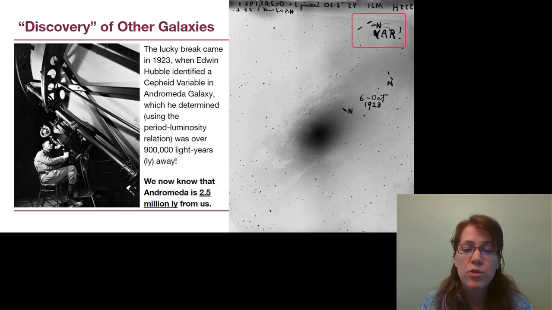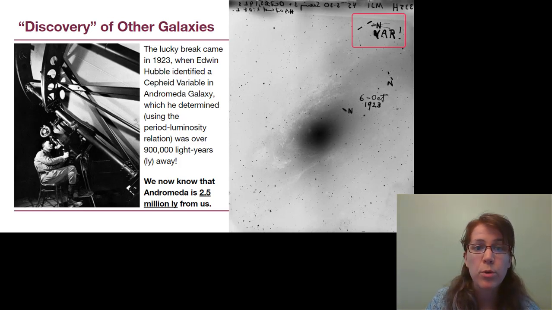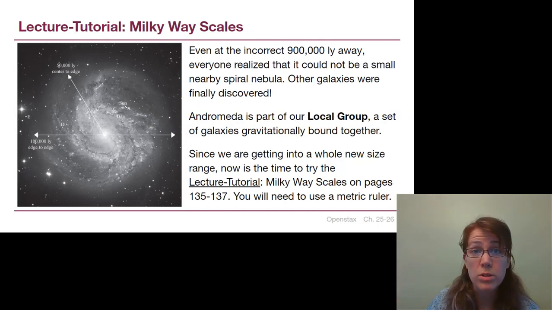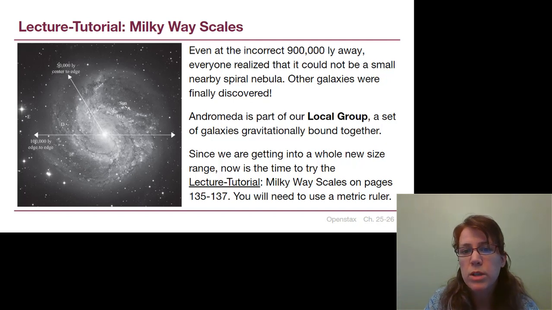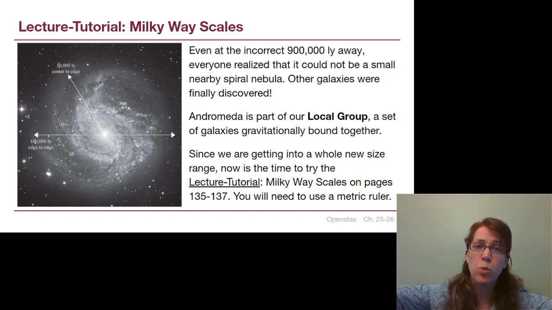We actually now know that Andromeda is 2.5 million light years away from us. And so, even with that smaller incorrect number, in 1923, everyone realized, holy smokes, our universe is so much bigger than we thought. And these things that seemed like nearby spiral nebulae are actually galaxies way outside of our own.